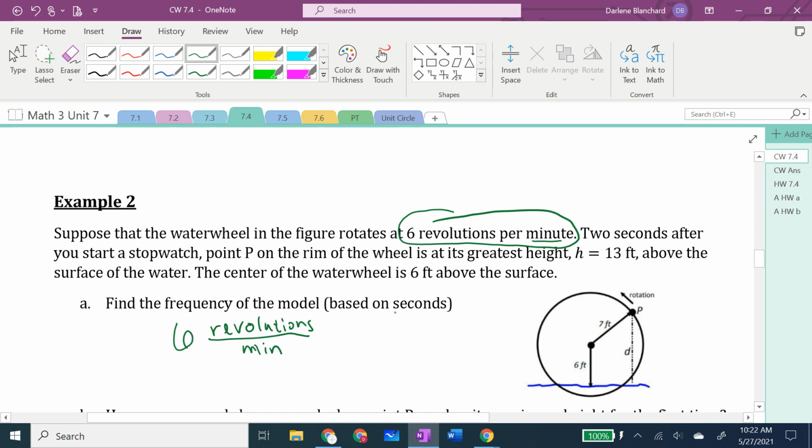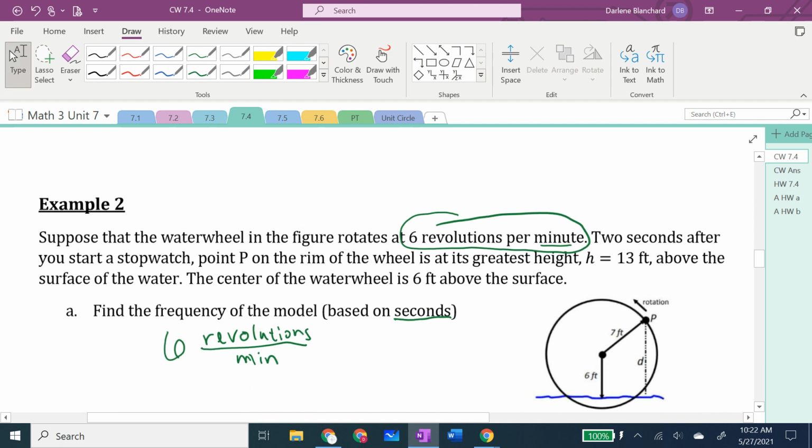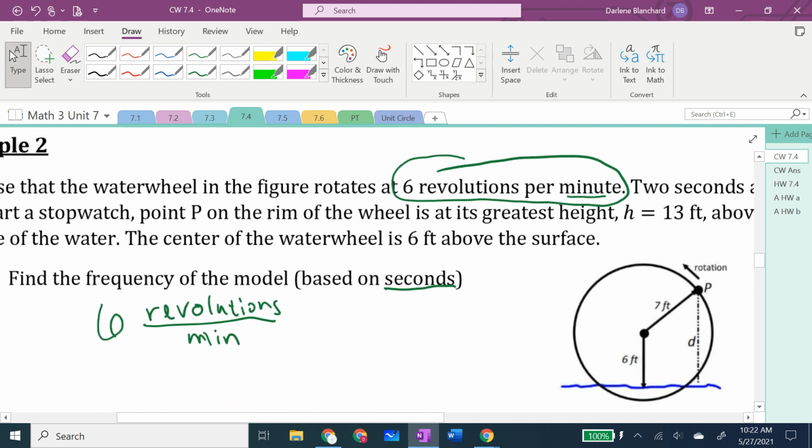But we want to look at it based on seconds. So if I need to cancel having minutes in the denominator, I want to cancel it with minutes in the numerator.